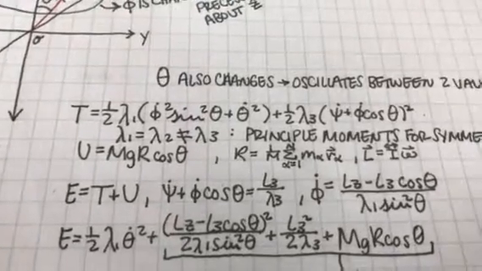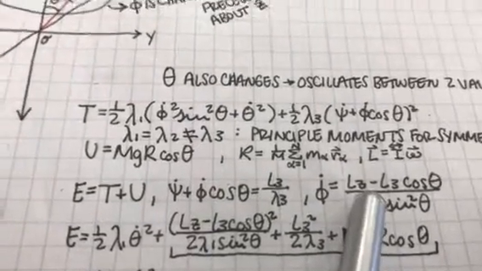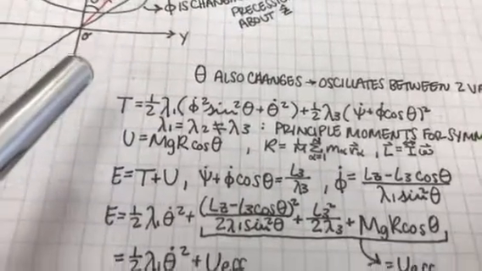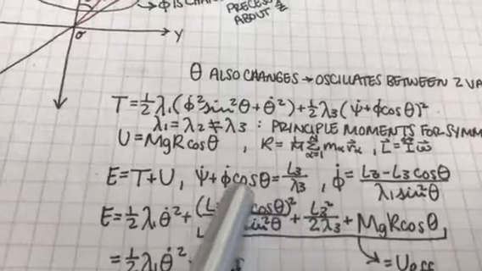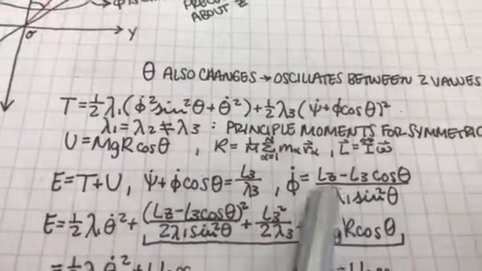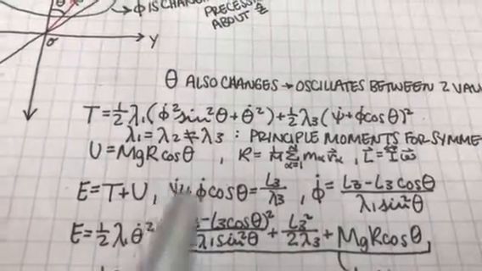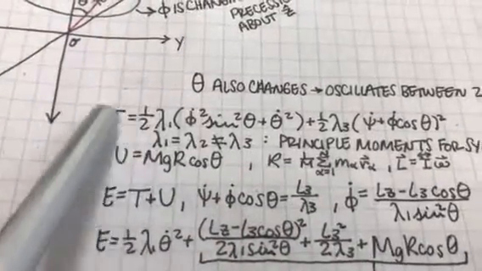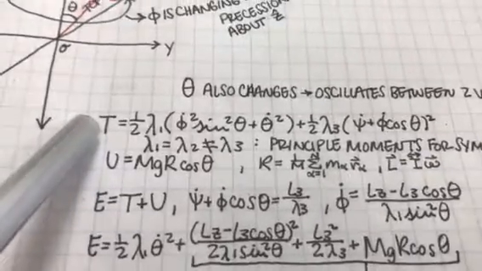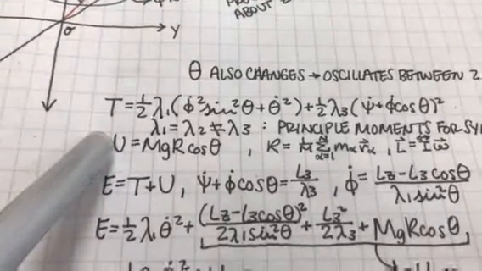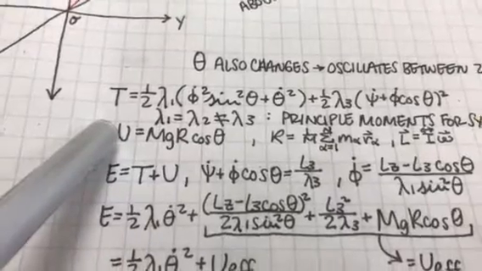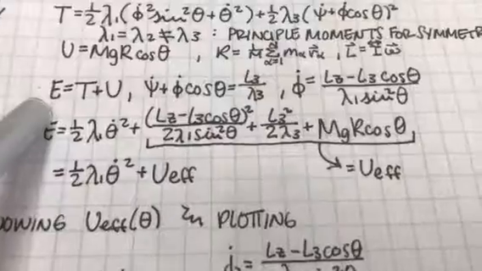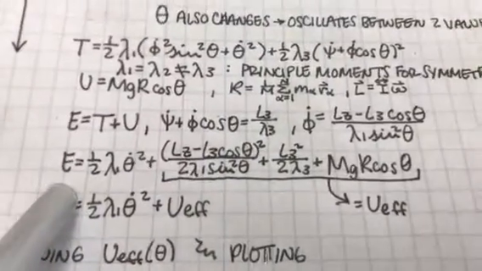And so if you have these two equations and this T equation, you can plug these two equations in for psi dot and phi dot in all of the places you see here. And you plug the T equation and the U equation into this total E energy formula, you get this long thing.